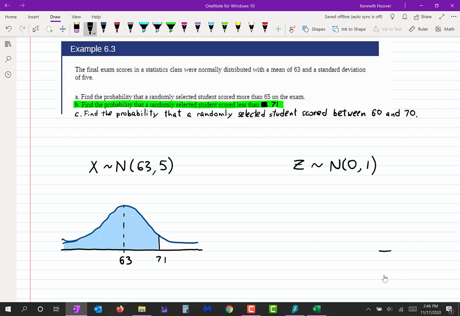That one looks different. First of all, the center is at 0, not 63. Second of all, the standard deviation is a lot smaller, so it's going to be taller in the middle, and the bell will be more narrow.